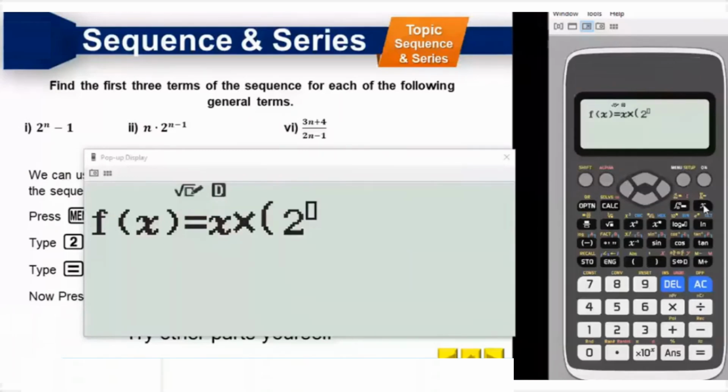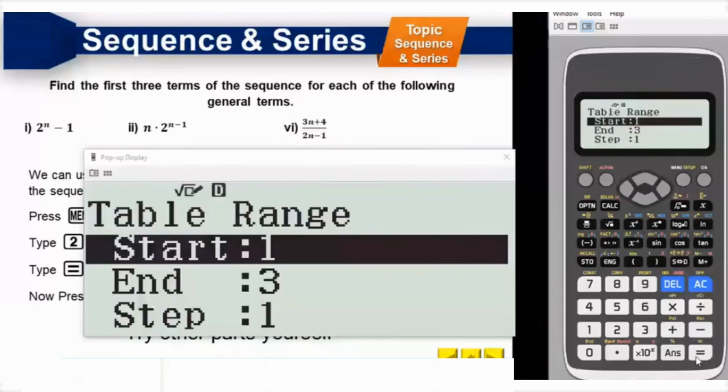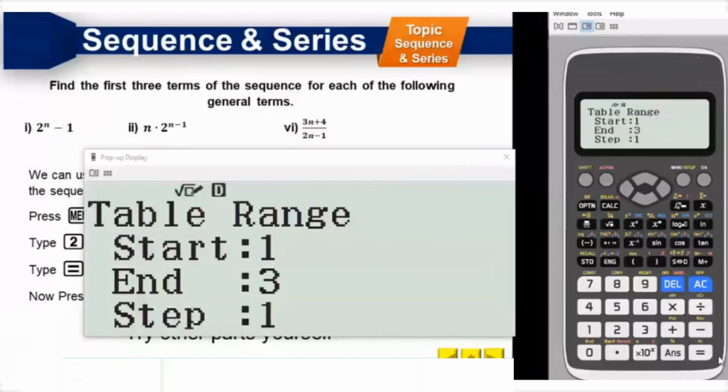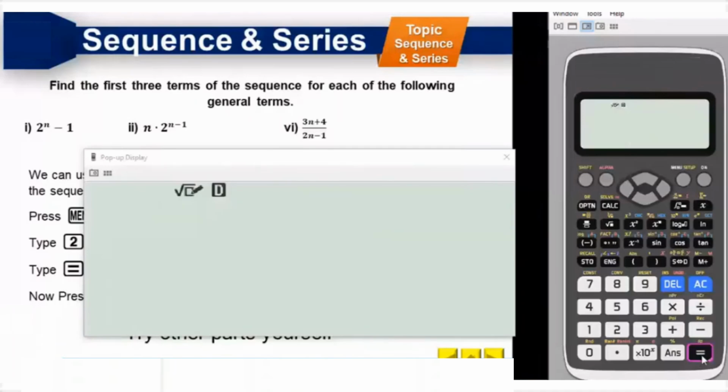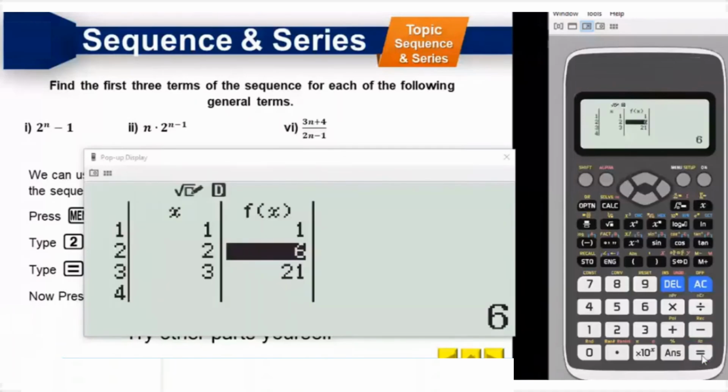I hope everyone is comfortable in writing the equations and functions now. And I will press equals to. The starting value is 1. I need the first three terms. So last value is 3 and there is a step of 1. So the first value is 1. The second value is 6. The third value is 21. I hope this answers your question.